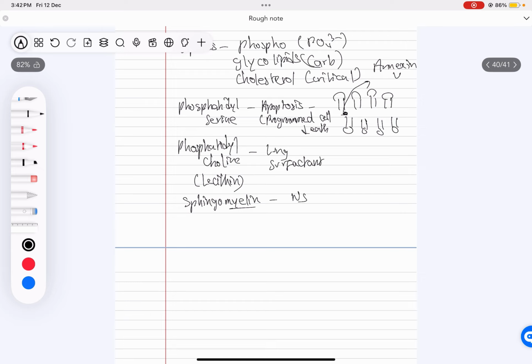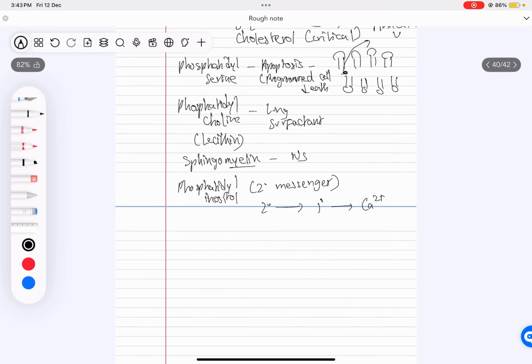And then we have phosphatidyl inositol. It is a secondary messenger. It will go and message the primary messenger, and that messenger will do the function. In this case, it will deal with calcium. And then cardiolipin. Cardiolipin is present in the heart.